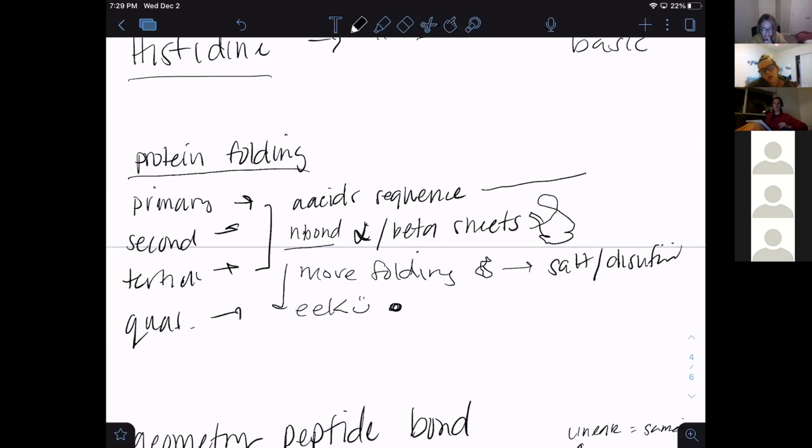Let's think about it. A reversible inhibitor, we know it can't be that, right? Because if we're trying to use penicillin to eradicate bacteria, why would we want it to be reversible? It doesn't make sense, because that means it can come back. So we know it can't be that.